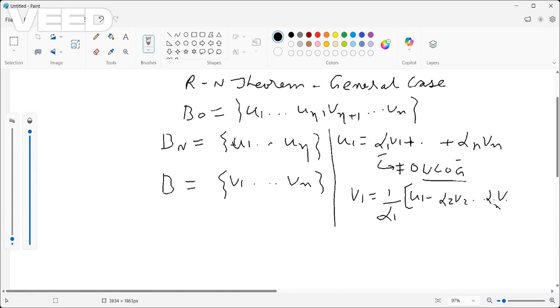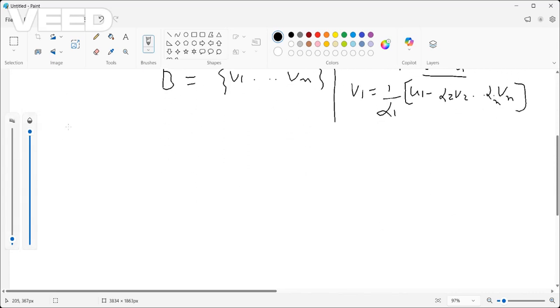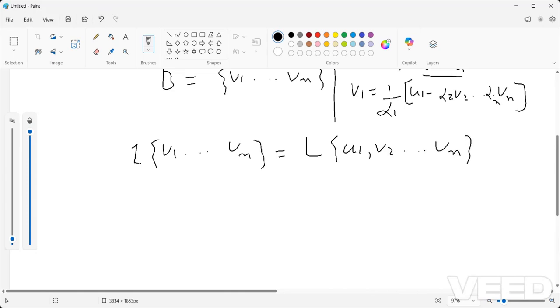minus alpha n vn. Now from this what we get is that the linear span of v1 to vn is exactly the linear span of u1, v2 to vn. The linear span of v1 to vn is the whole vector space V, so the linear span of this should also be the whole vector space V. Now how do I get this? It is quite simple.